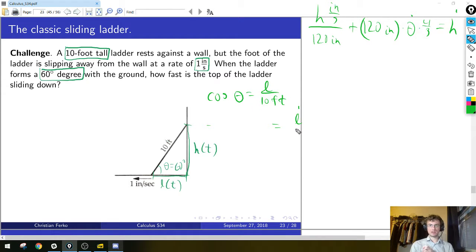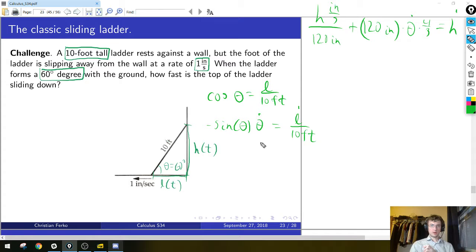So L dot over 10 feet, because 10 feet is constant on the right side. And then on the left, what's the derivative of cosine theta with respect to time? The derivative of cosine theta is negative sine theta. So minus sine theta, theta dot, is L dot over 10 feet.